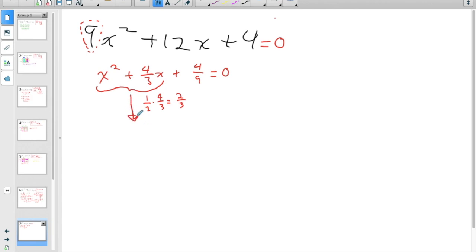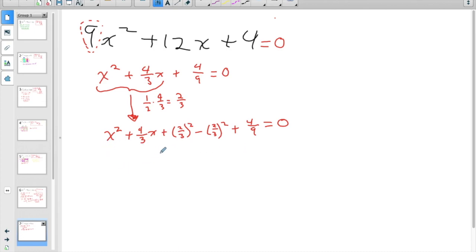So we now have x squared plus 4/3 x plus 2/3 squared minus 2/3 squared plus 4/9 is equal to 0. Okay, fantastic.